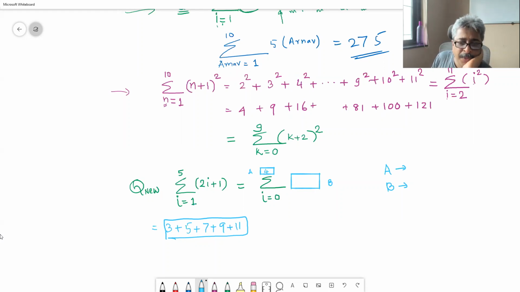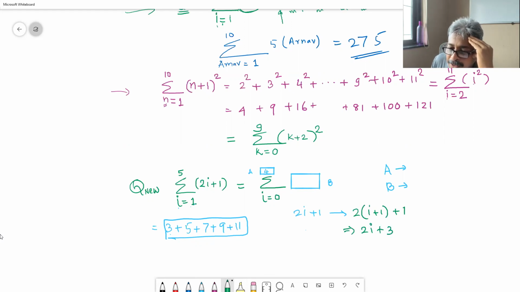Good. Now if I put 0, I should get the first number 3. If I put 1, I should get the second number 5. So what we should do here is i is taken back by 1. If i is reduced by 1, we should make it 1 more, and this is going to be equal to 2i plus 3.